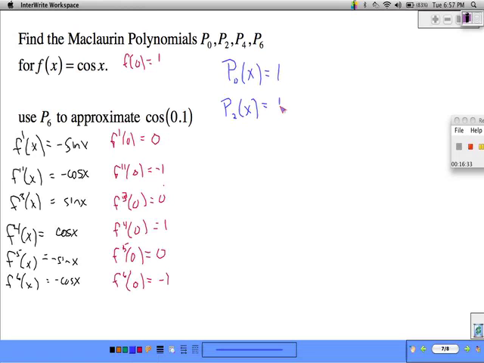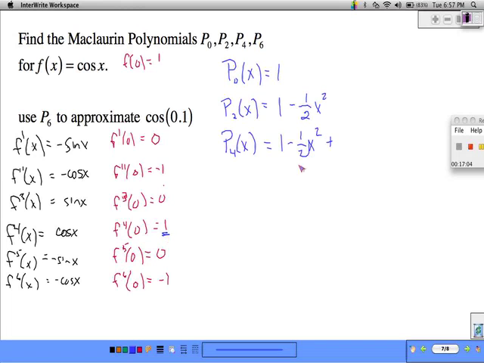So the next one's going to be 1 minus, and this is the second degree, so minus the second derivative at 0 over 2 times x squared. The fourth degree will be 1 minus 1/2 x squared. Remember, I'm skipping the third because it's equal to 0.